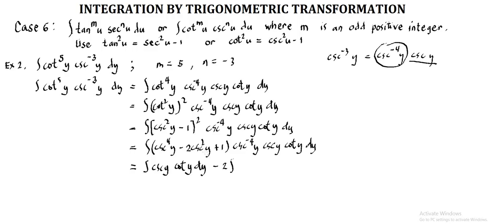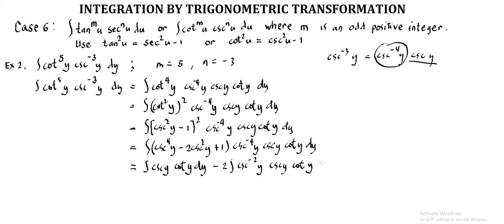So, i-add natin yung exponent ng cosecant squared at cosecant to the fourth. So, magkakaroon tayo ng cosecant raised to negative 2 of y, and then cosecant of y, cotangent of y dy.